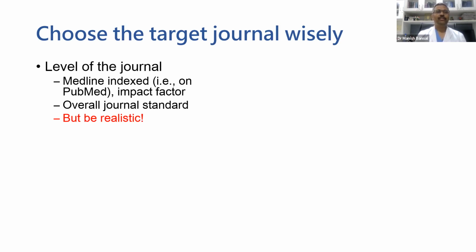I've seen many authors trying to look for a very high-level journal when the data that they have is not that strong, or the manuscript is not good enough to get accepted in that kind of journal. So there's no point trying to go for a very high-level journal, because then it's just a waste of time and effort. The manuscript will get rejected immediately.